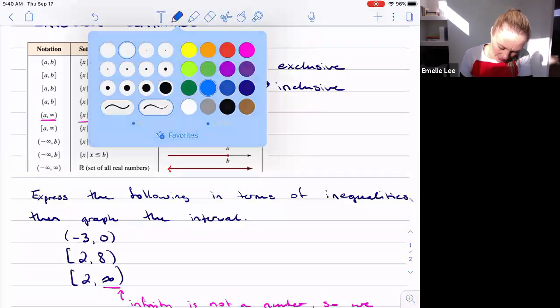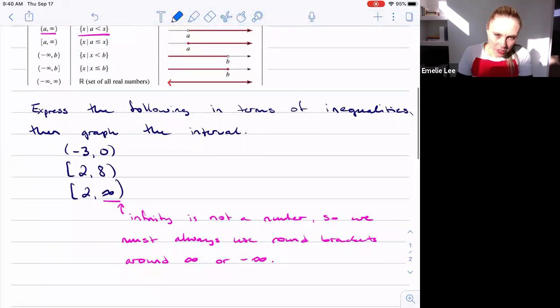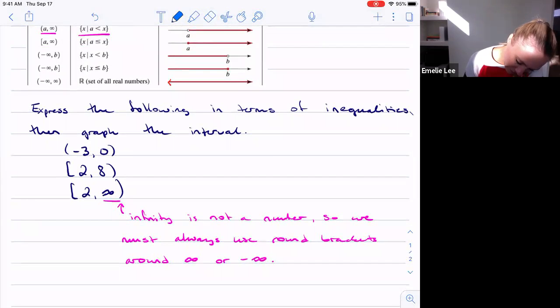Okay, so in terms of inequalities, let's get fancy. Let's do some set builder notation along with our inequalities. So I only asked for inequalities, so I'll add it in with set builder notation.